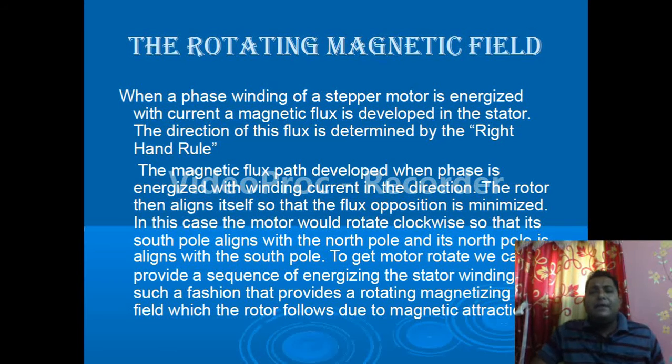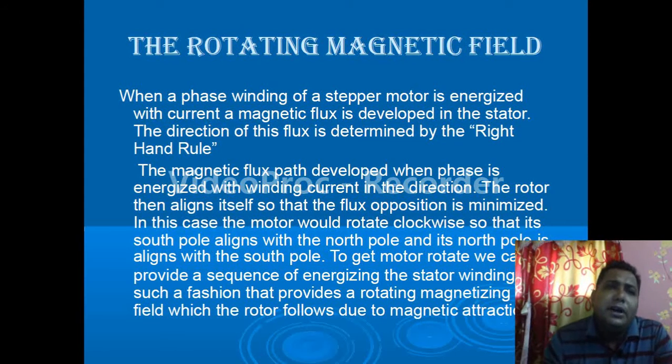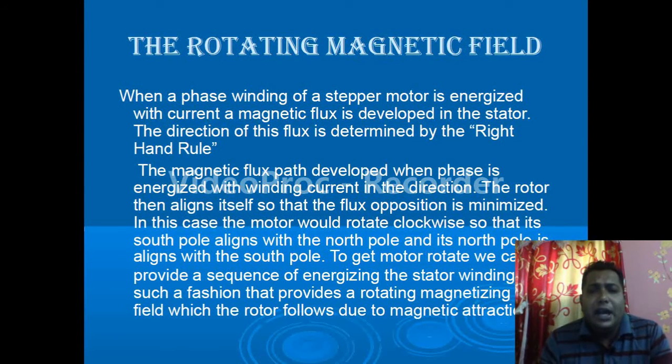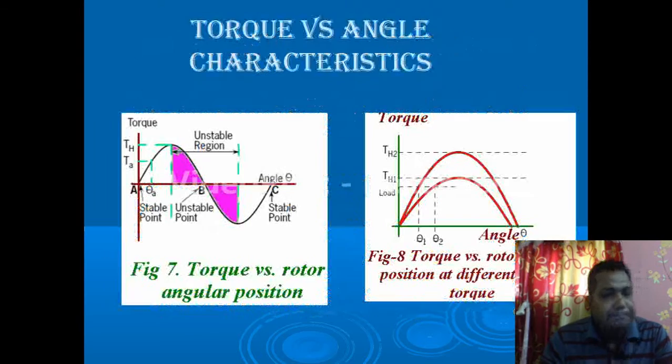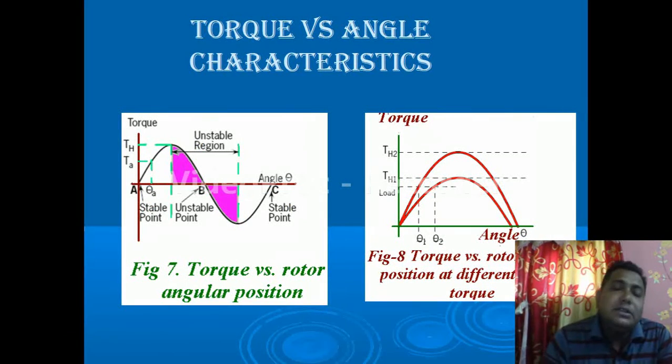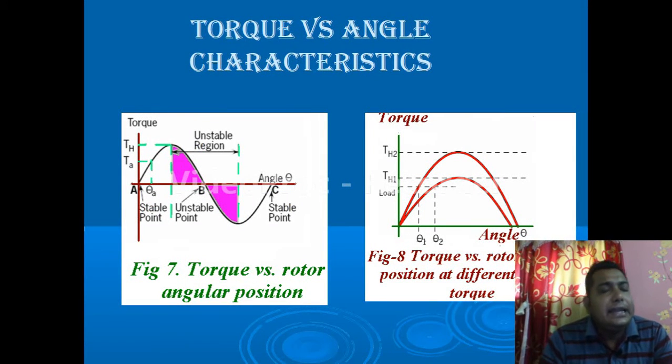That is the main idea for this kind of stepper motor. There are different kinds of pulses we can give to the machine, and due to that there may be different kinds of step increments in a stepper motor. But whatever the number of steps, they are achieved by the magnetic attraction between them.